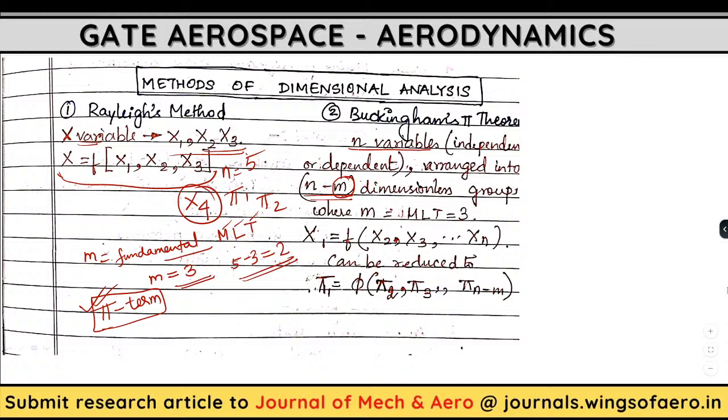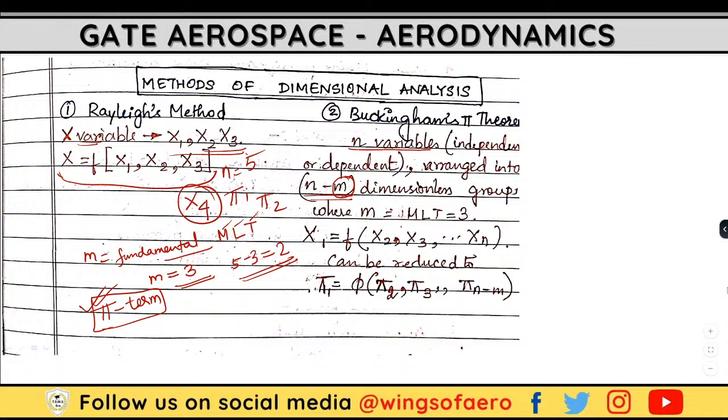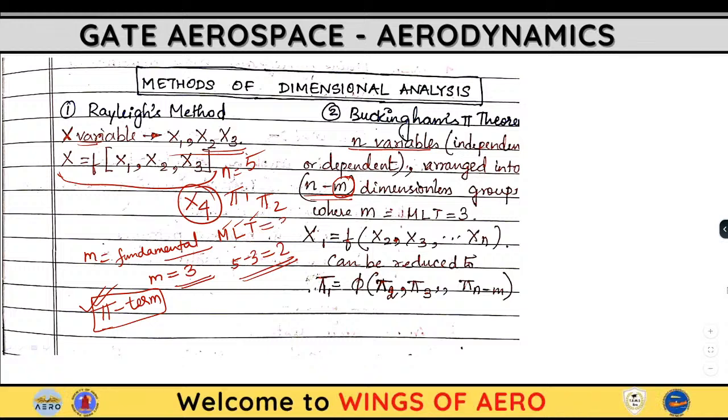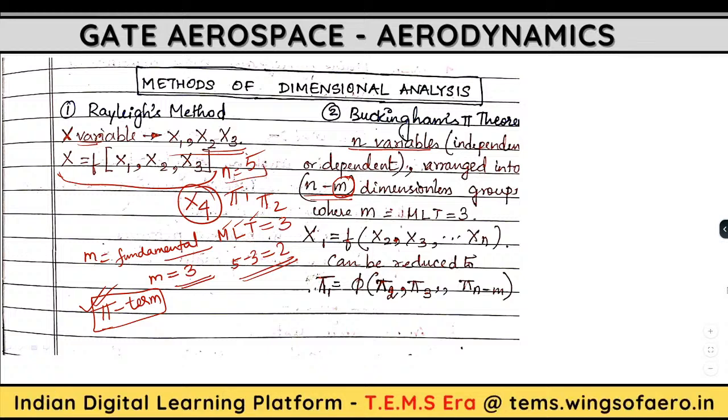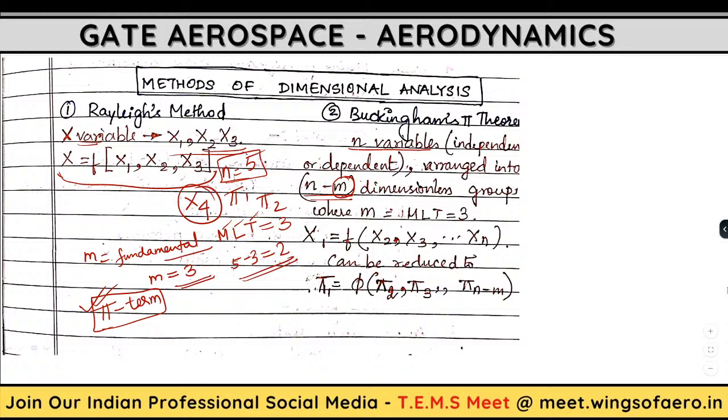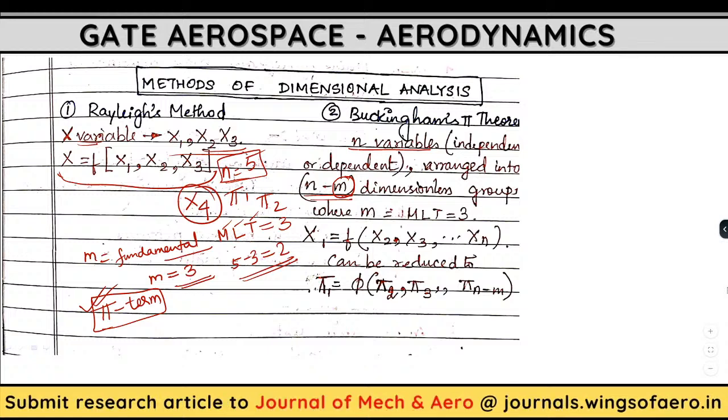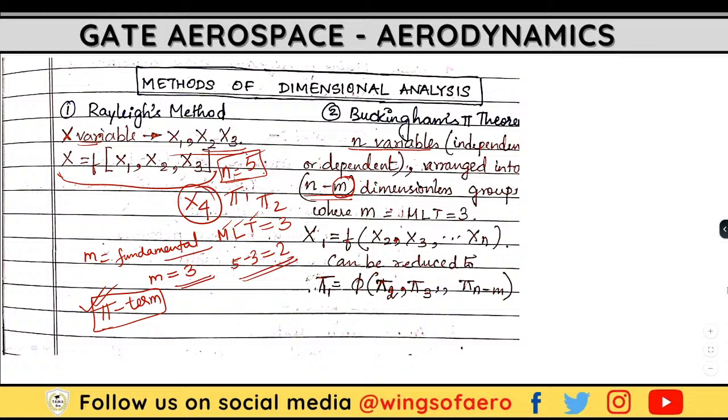Now, what is this n minus m? M means the fundamental dimensions, that is M, L, and T, which is represented as 3. Now, as an example, suppose n is equivalent to 5, that is, we have dependent and independent variables totaling 5.